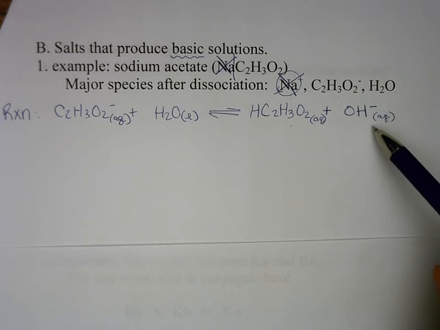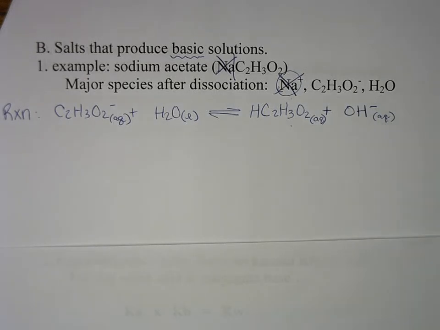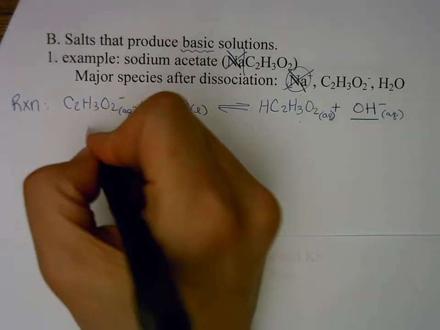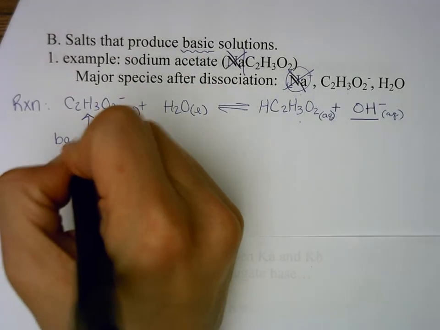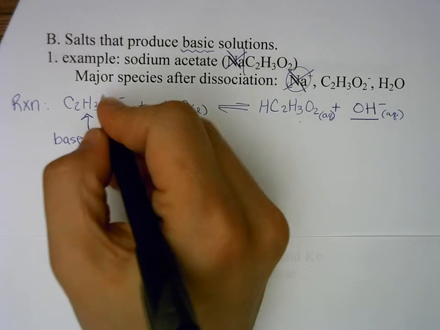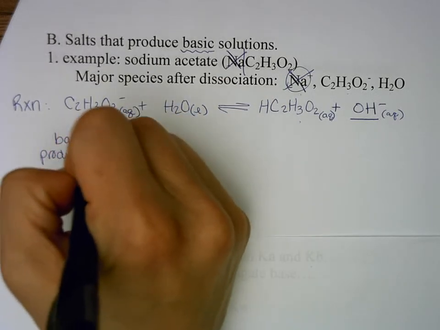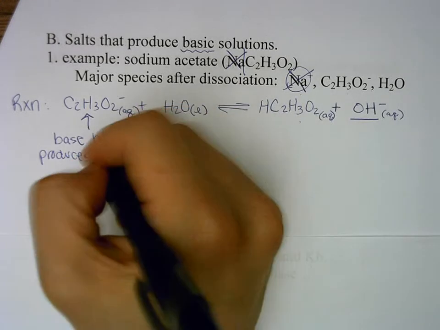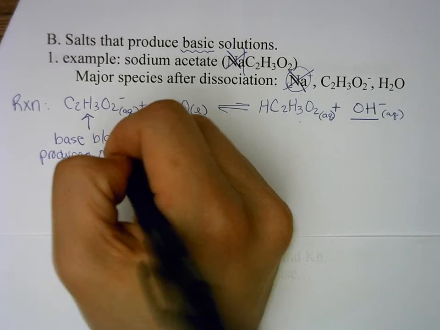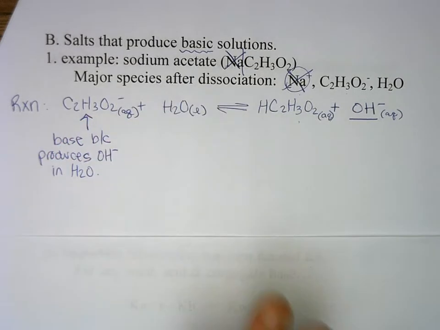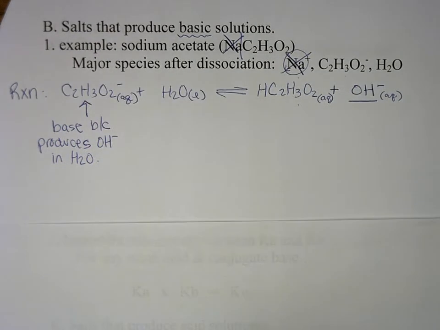Hydroxide ions are very strong, and we always know that strong stuff wins over the weak stuff. And so the fact that I have hydroxide ions being formed means that this is going to be a basic solution. And so this ion by itself is basic because hydroxide ions are produced in water, and those hydroxide ions make the pH basic.